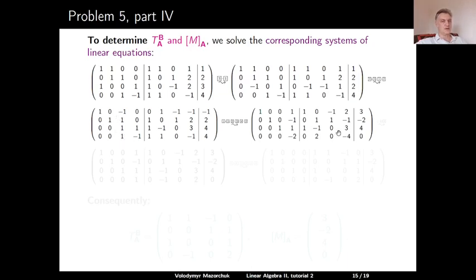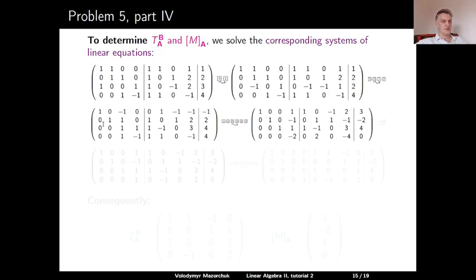So row 3 remains the same. Row 1 becomes 1 plus 0 is 1, 0 plus 0 is 0, 1 plus minus 1 is 0, 1 plus 0 is 1, 1 plus 0 is 1, minus 1 plus 1 is 0, 0 plus minus 1 is minus 1, 3 minus 1 is 2, and 4 minus 1 is 3.